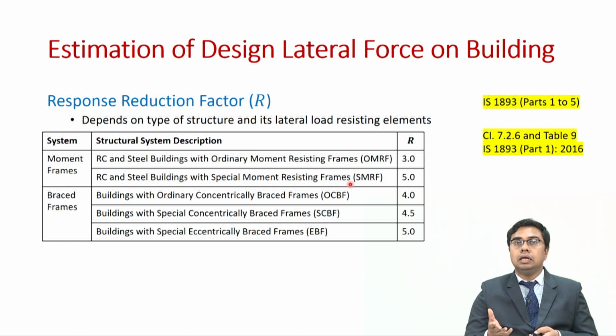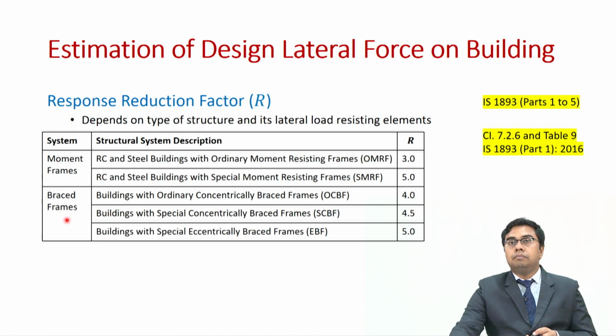Typically, ductile detailing means that we establish a hierarchy of collapse. In the case of braced frames, we will have buildings with ordinary concentrically braced frames or buildings with special concentrically braced frames. These will attract a response reduction factor of 4 and 4.5.